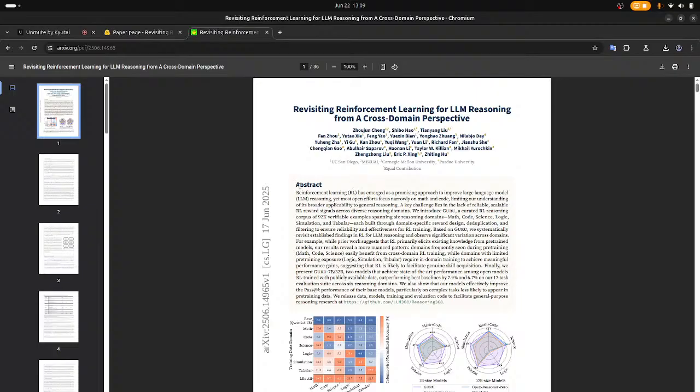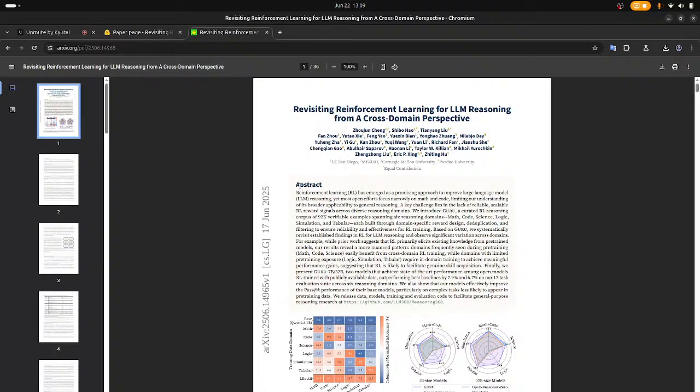Okay, then we take tabular and we train on the tabular and we see how much this model trained on the tabular data performs on math and code and science and all these things. And we see that it improves different things, and also simulation.